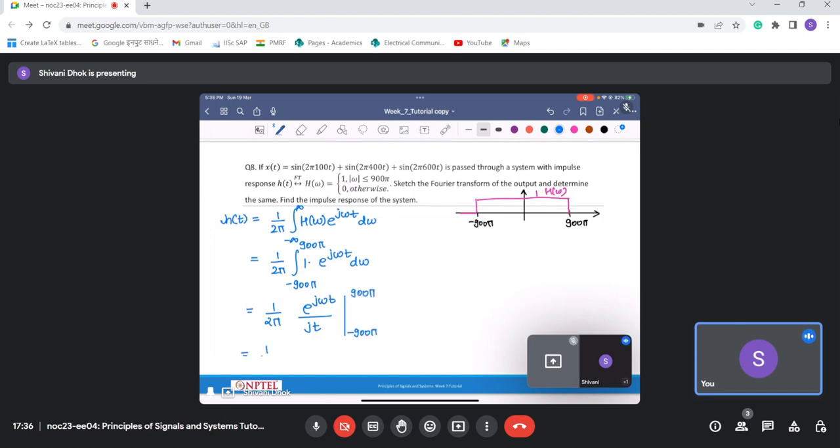This is equal to 1 by pi into e power j 900 pi t minus e power minus j 900 pi t upon 2j.